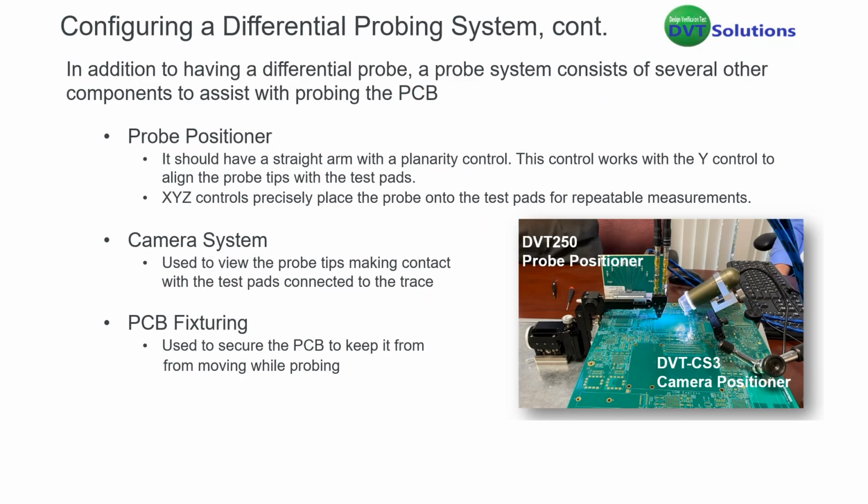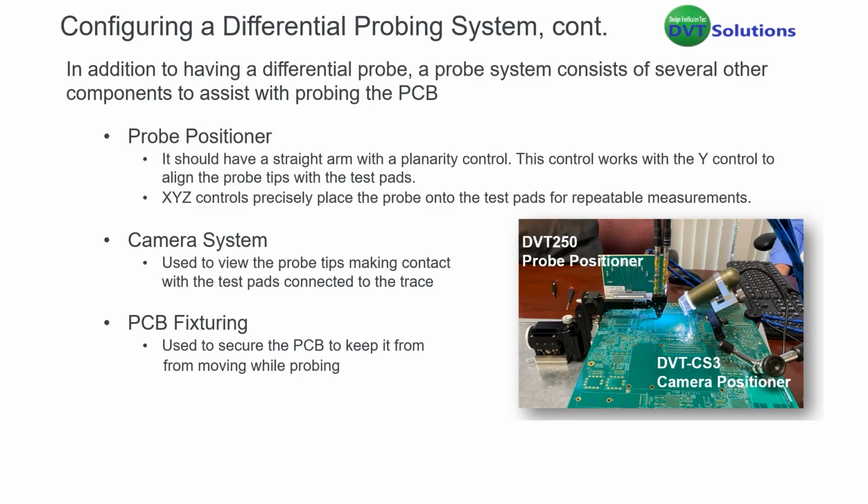Now, since we build probe systems, a lot of people ask, well, I just need a quotation for some probes, thinking that's all you really need, but it's not practical to hold probes in your hand onto a board and control your instrument at the same time without creating bad data. So essentially, a probe system that we put together is not a fixed platform.